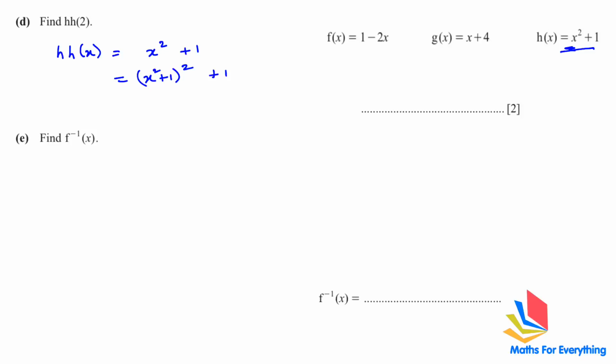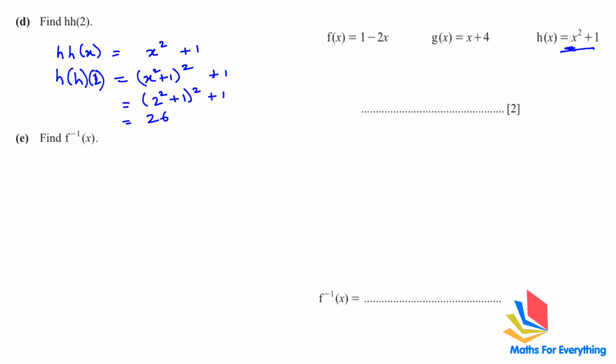So we substituted the function h in place of x, and the 2 which was outside remained outside. And then if you are looking for h of 2, in place of x, now we substitute 2. And we'll get the answer 26. This is one way of solving.